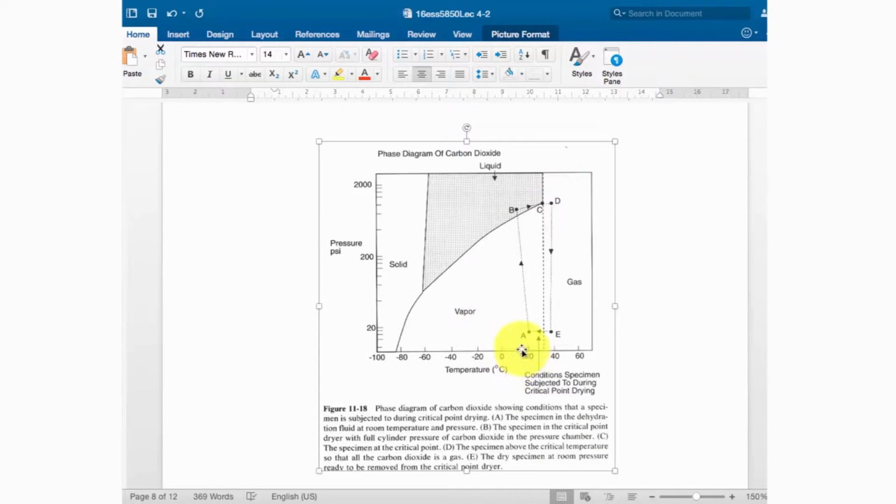Firstly, we are at room temperature, 20 degrees C, at point A, our atmosphere condition. At this condition, the carbon dioxide is still vapor type, right? So you put a device into a chamber and put a lot of carbon dioxide into the chamber. Then at the same temperature, you increase the pressure using high pressure to push the carbon dioxide into the top region, from position A into position B, so the carbon dioxide becomes liquid.